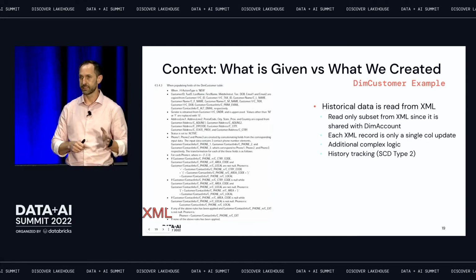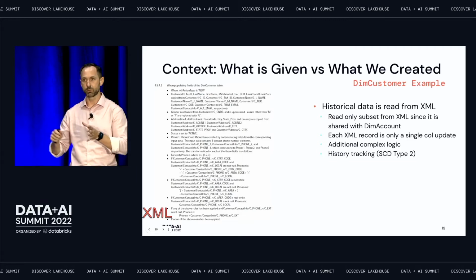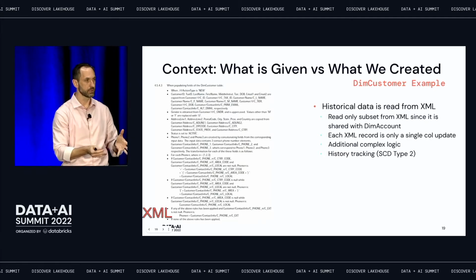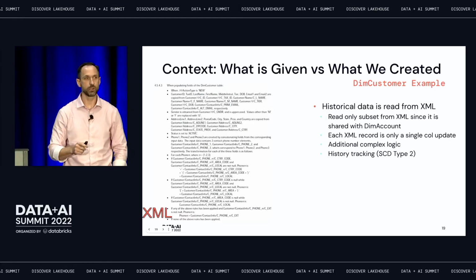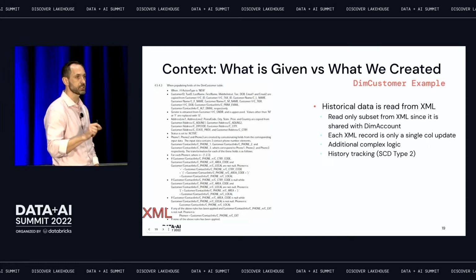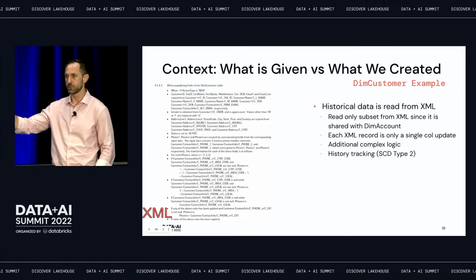It's similar to, if you've ever worked with Golden Gate, that kind of concept, but it will bring in the record, tell you the update that's happened, and you have to push the record's new value to the old record. It also has history tracking, so we have to handle it with an SCD Type 2 approach. Every customer record is going to have an effective date and an end date. So you have a surrogate key that you can use with other records.